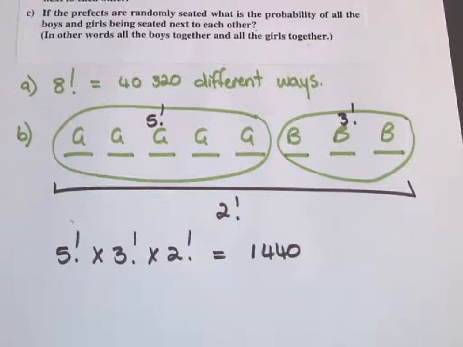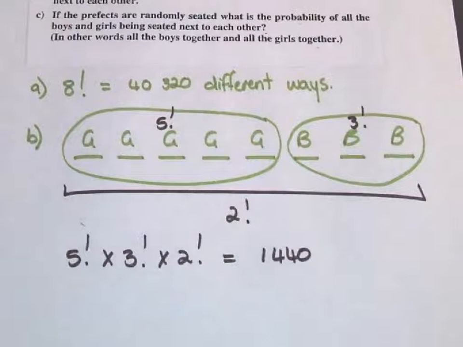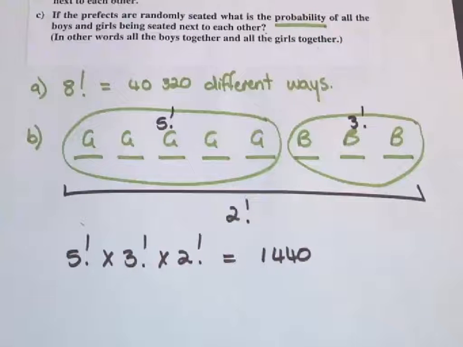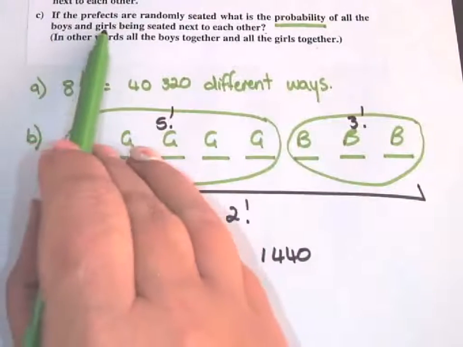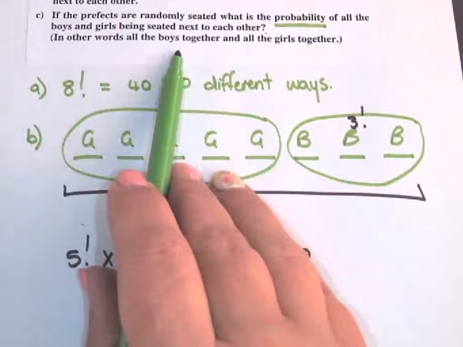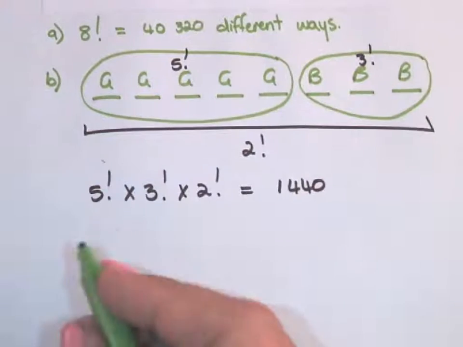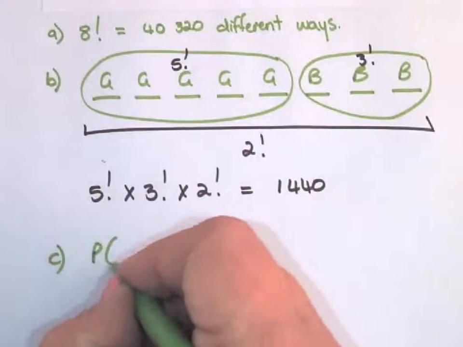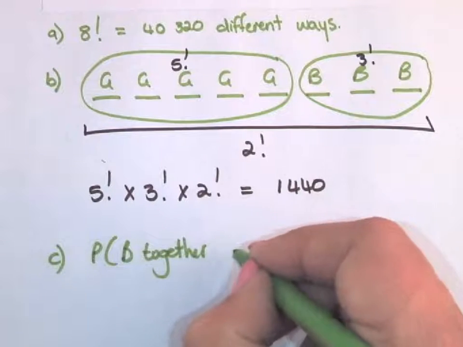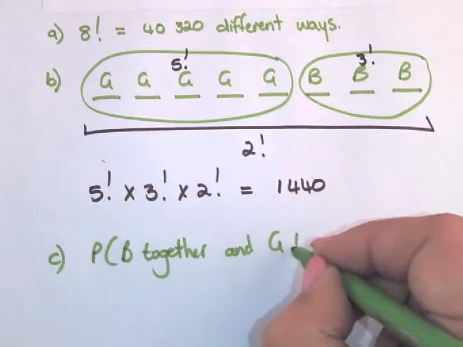Now for number C. If the prefects are randomly seated, what is the probability? Now we get to probabilities together with factorials. What is the probability of all the boys and girls being seated next to each other? In other words, the boys together and the girls together. So for number C, we want the probability of boys together and girls together.